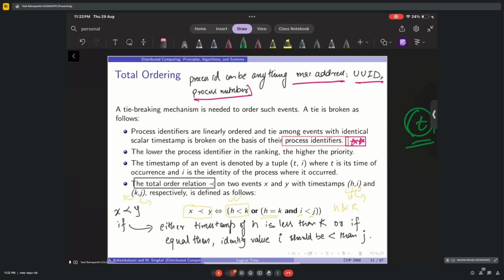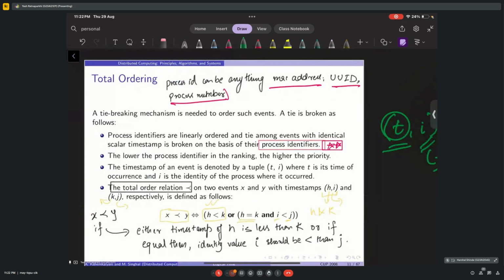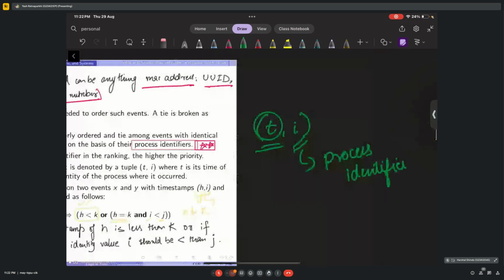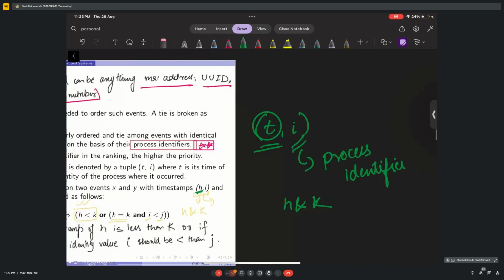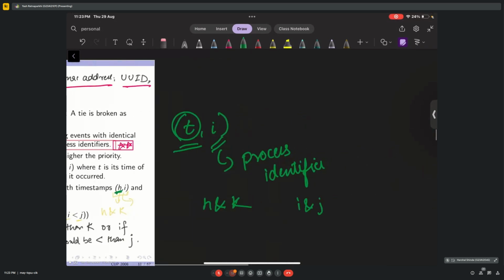A total order relation on two events x and y with timestamps (h, i) and (k, j). What is this h and k? H and k are timestamps. Remember this: this h and this k, they both are timestamps. And what are i and j? I and j are basically process identifiers.